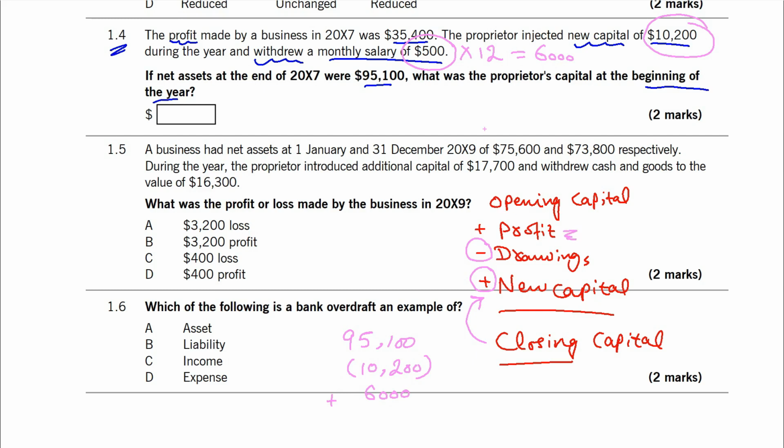We will deduct the profit of our current year, which is 35400. Finally as a result I will get 55500, and this amount will be our opening capital. It was a pretty straightforward question. I hope you understand it.